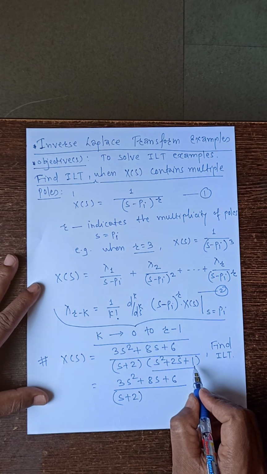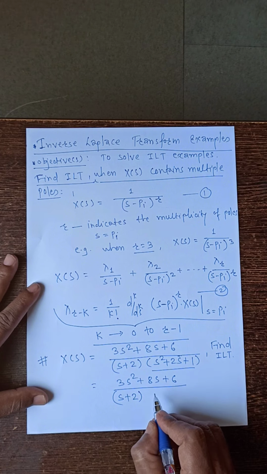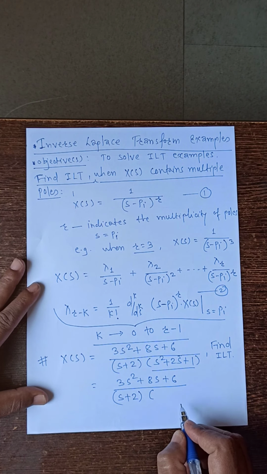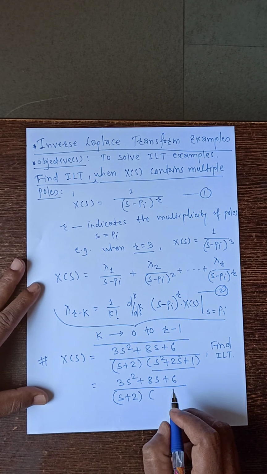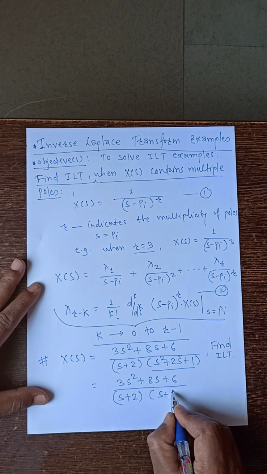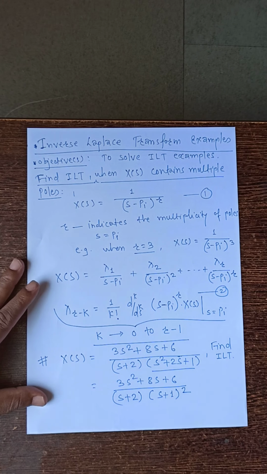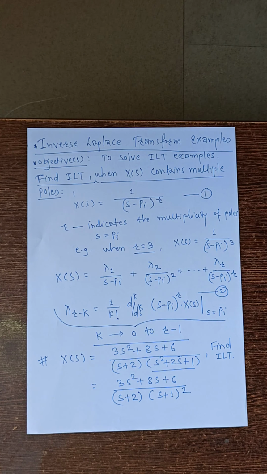Then s square plus 2s plus 1 is a quadratic equation, that is equal to (s plus 1) into (s plus 1), that is (s plus 1) squared. So this is the factorization of the denominator.